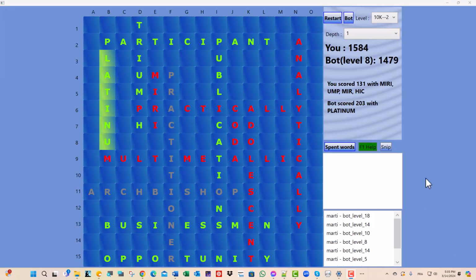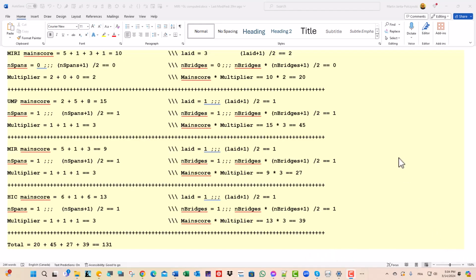Things get a little more complicated for the word MIRI, with the 3 auxiliary words AM, MIR, and HIC. So here is the formula applying to the main word, MIRI, which is worth 20 points, and the 3 auxiliary words which are worth 45, 27, and 39 points because they are bridges, so they are worth more.